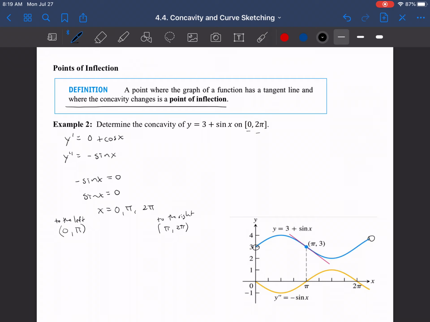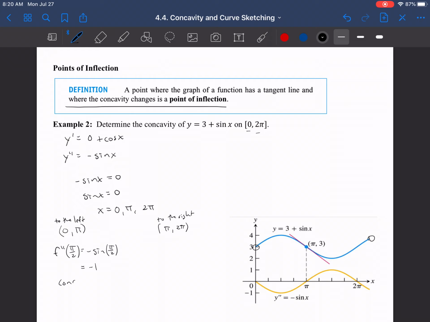And so we look, f double prime of pi over 2 is negative sine of pi over 2, just like that. And the sine of pi over 2 is 1, and so we have to take the negative of it, so it's negative 1.